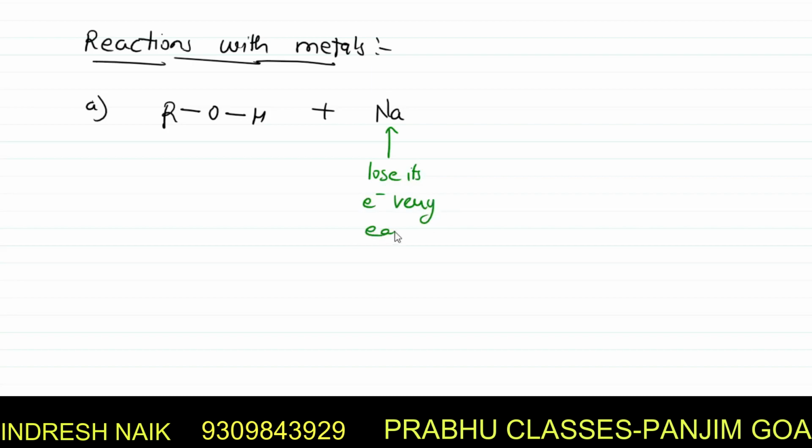What is the reason for this? Why will it lose an electron very easily? By losing an electron, sodium will change to Na plus.